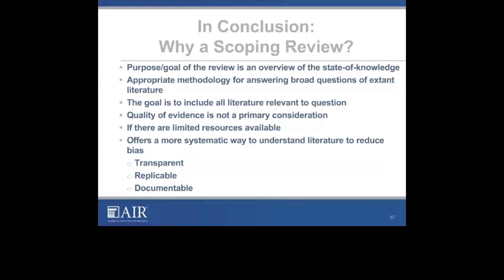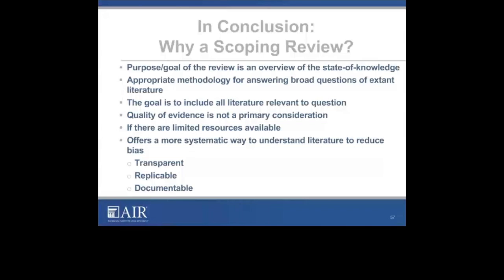So in conclusion here for us, why do we need a scoping review? Well, it's a good way for giving us an overview of the state of knowledge. It's an appropriate measure for broad questions. And at least for some of us, that broad question is a really important and useful way for us to understand the context of the particular areas that we are interested in.